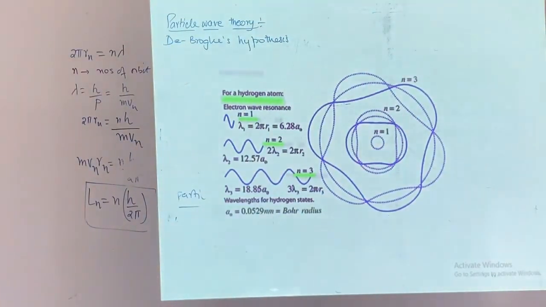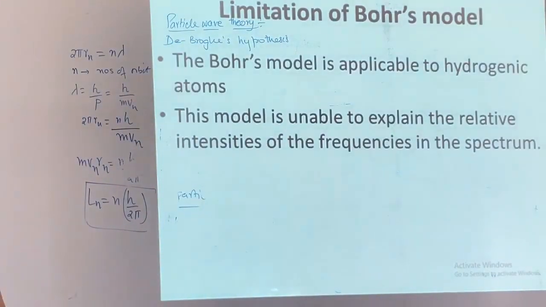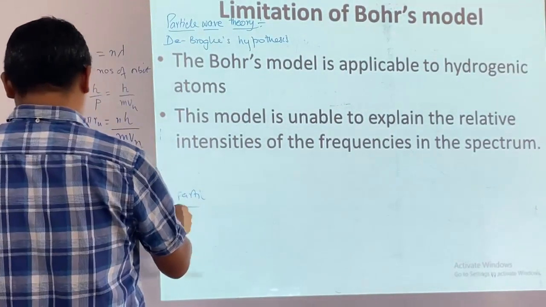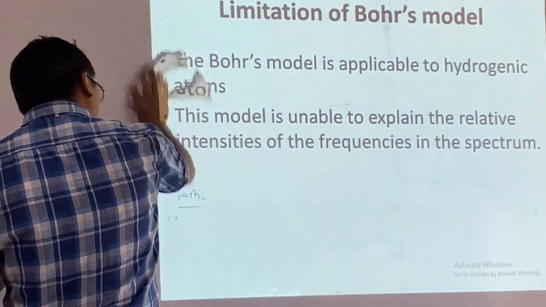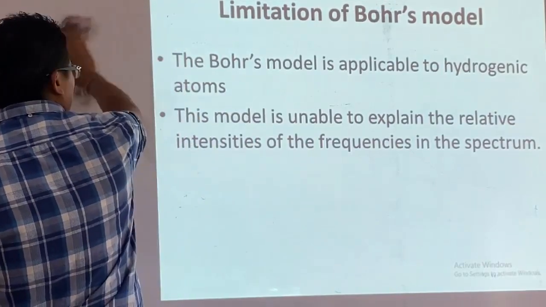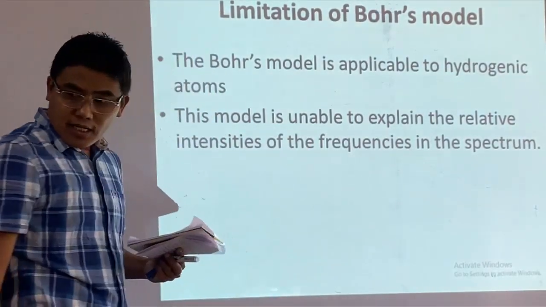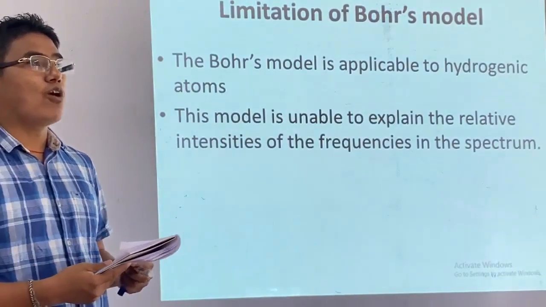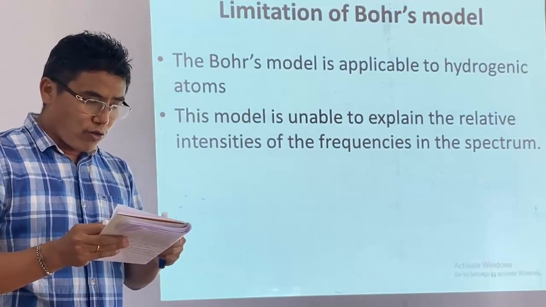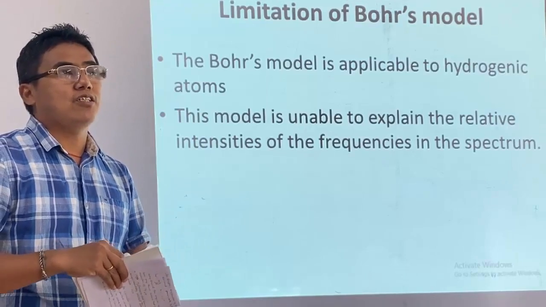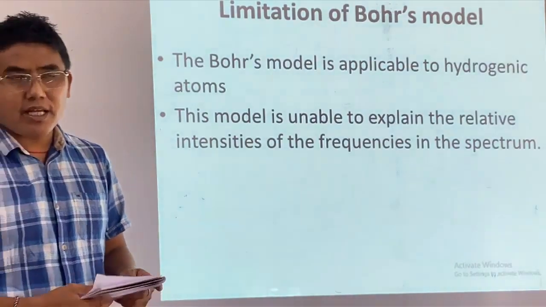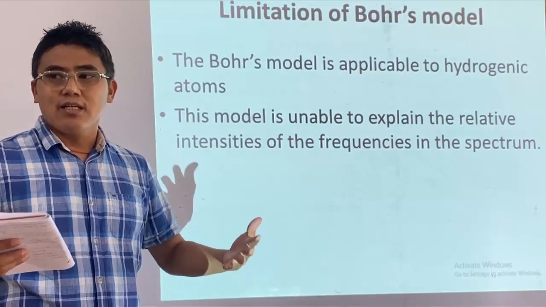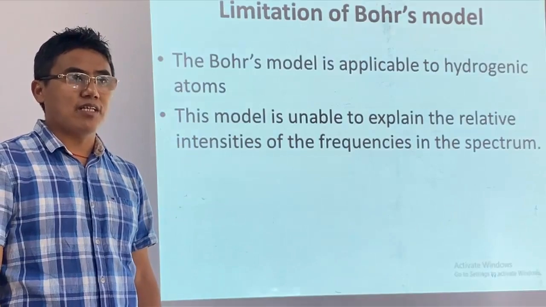Now, lastly we would like to talk about the limitations of the Bohr model. The Bohr model could explain, let's say, 95% of the hydrogen atom, right? The Bohr model explains the hydrogen atom, meaning the property that the hydrogen atom exhibits, that is the line spectra of hydrogen atoms, right?